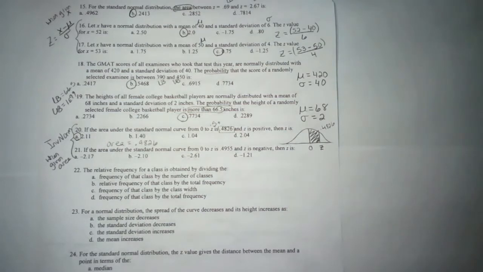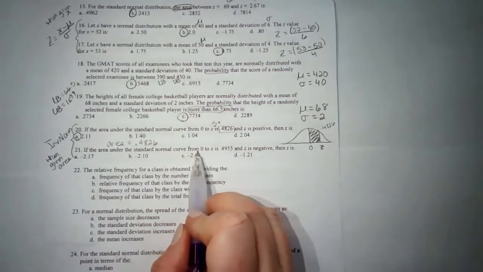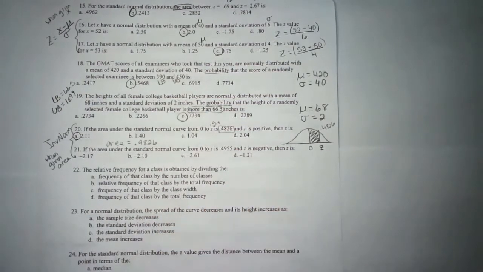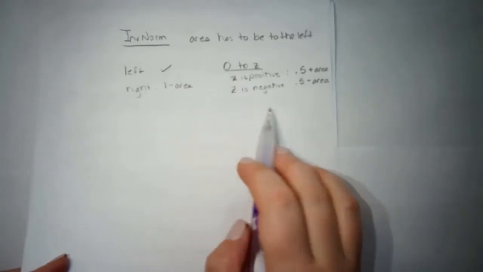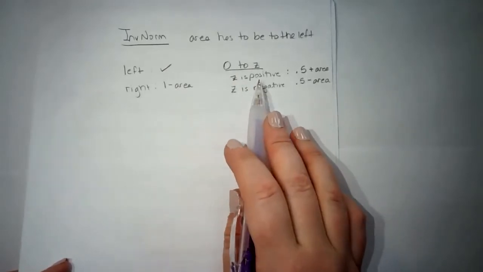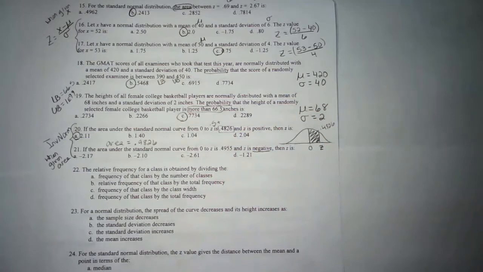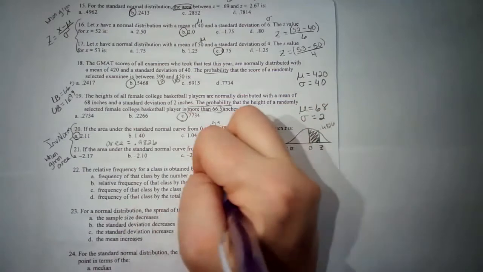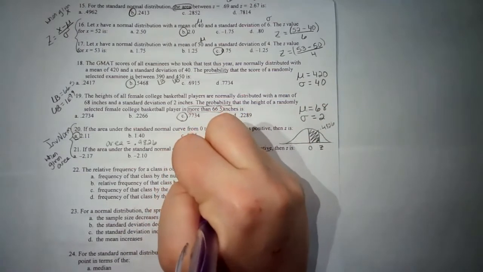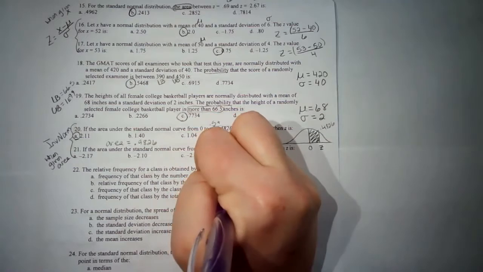Okay, let's try the next one. The next one tells me the area under the curve from 0 to Z. Remember, if we have 0 to Z, we're going to have to figure out, is Z positive or negative? Here, Z is negative. So the area I'm going to use is 0.5 minus what they gave me.